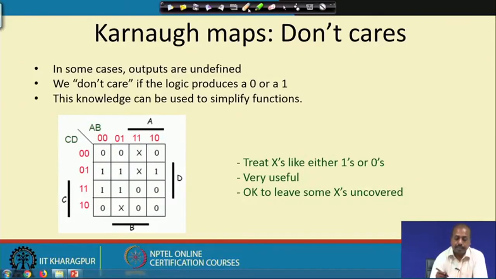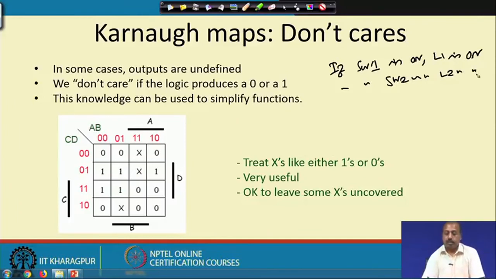We may say it like this: if switch 1 is on, then light L1 is on. If switch 2 is on, then light L2 is on. Suppose we tell only these two terms.